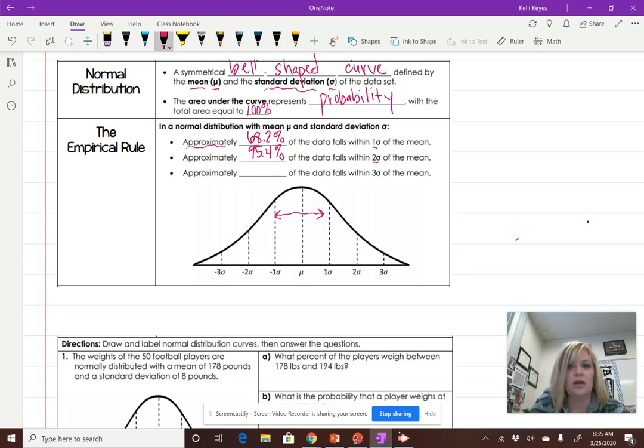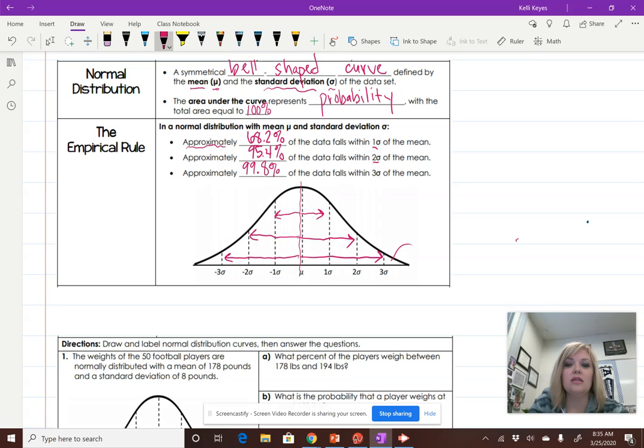So that means here's the mean in the middle, the highest point. If we go 1, 2 SDs below, 1, 2 SDs above, that would be about 95.4%. And then the last one is going to be nearly everything, 99.8% is what it rounds to. So then that would be 3 SDs below the mean and 3 SDs above the mean.